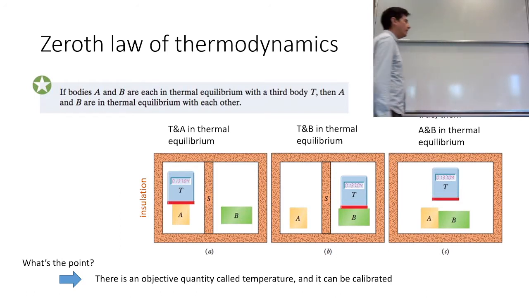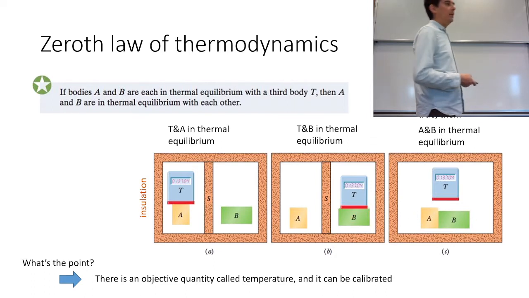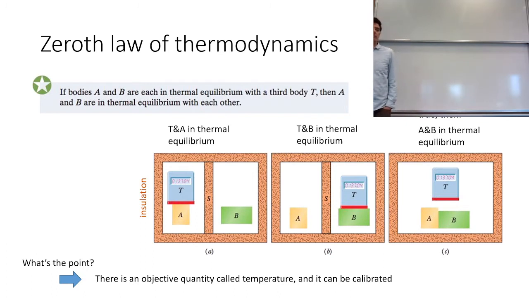The way it's defined is that if you are talking about thermal equilibrium between two objects, say a third body T is in thermal equilibrium with an object A, and it's in thermal equilibrium with object B, then A and B are in thermal equilibrium with each other.